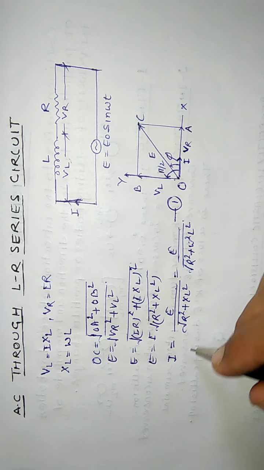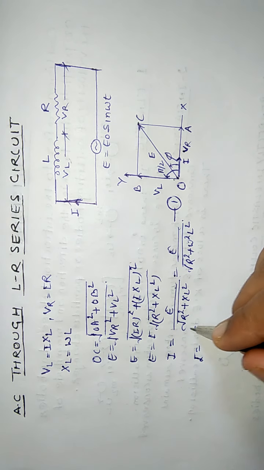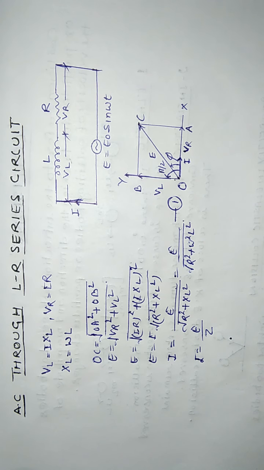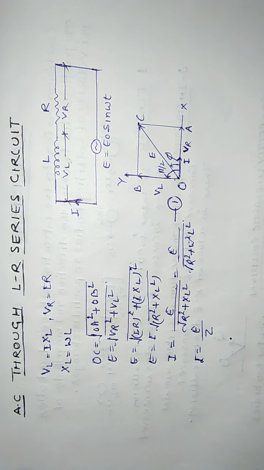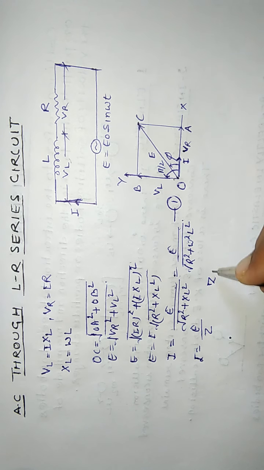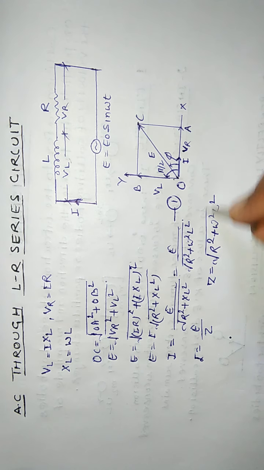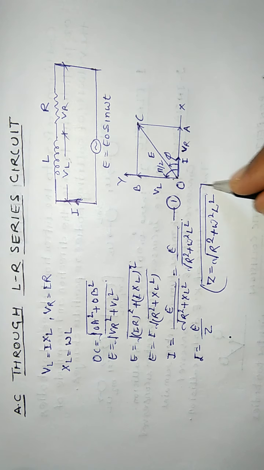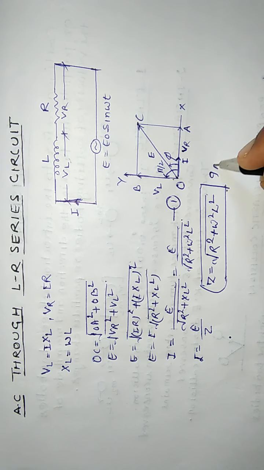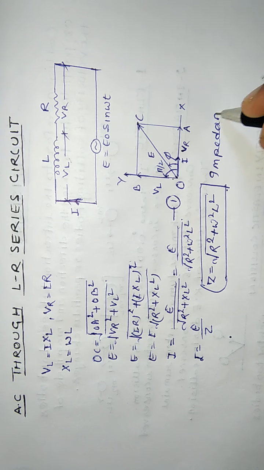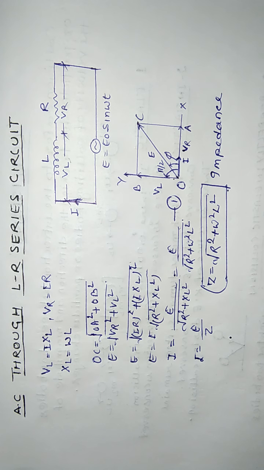Here this can be written as I is equal to E upon Z, where this Z is known as impedance, and it can be found by this formula, and it is known as impedance. This equation gives the value of impedance in case of an LR circuit.